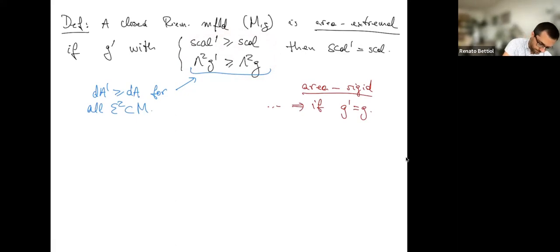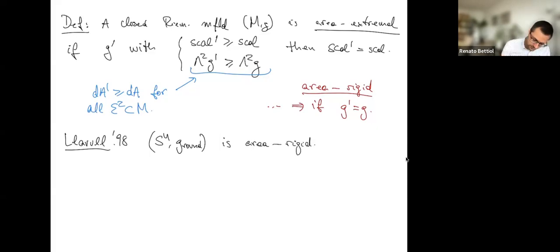Okay. So these notions appear in several works. Notably they gained a lot of traction recently with several works of Gromov. But the first result motivating all this goes back to Llarull. Just to remind us, this is back in '98, that the round sphere is area rigid in all dimensions.